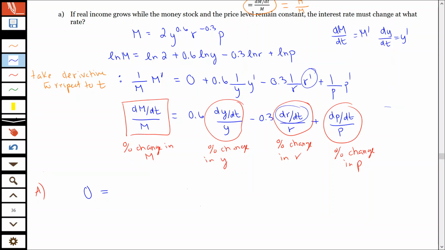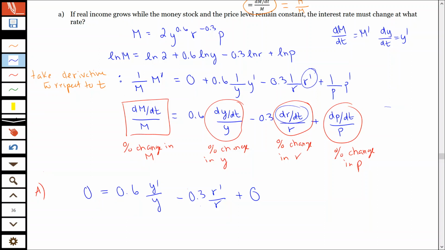Price level is also not changing, and price level is our P variable. So my Y is changing. Again, it doesn't matter whether you write Y prime or dY/dt. My R is changing because R is my interest rate. But P is also not changing. Price level remains constant, so it's a 0.